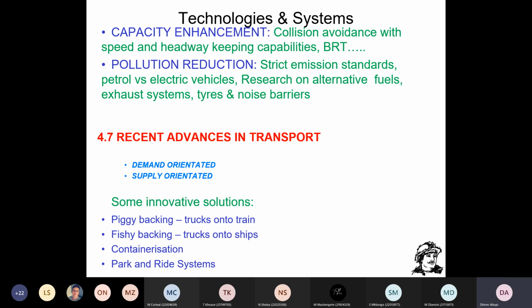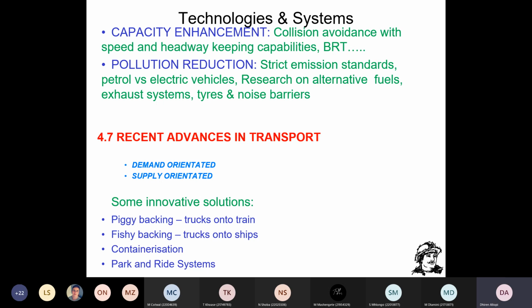Okay. So then let's move on from there to recent advances in transport. And we will talk about the demand and supply aspect. There are some innovative solutions to try and increase demand, to try and increase supply.